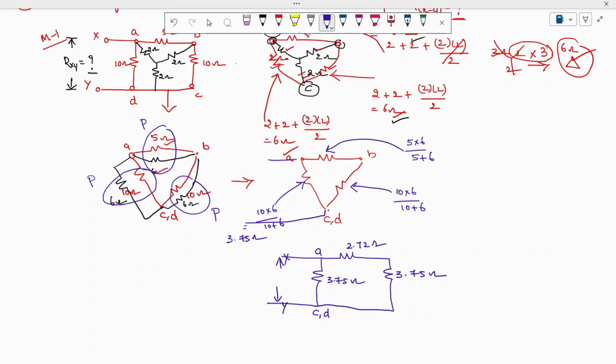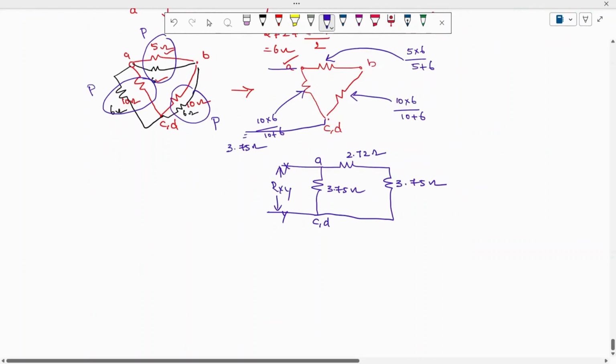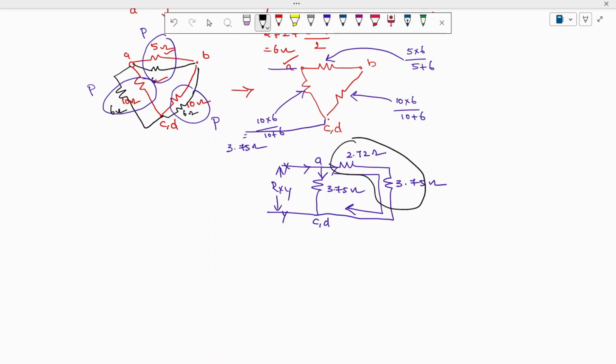So I require the resistance between R, X, Y. So what we are going to do is, you can see here the current is entering and the current gets divided across these two branches. But the current which flows in this branch and the same current is flowing, I can say these two are again connected in series. Whenever they are connected in series, then the resultant is like this.